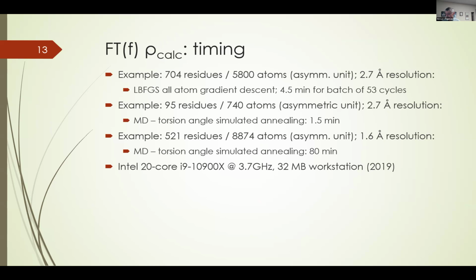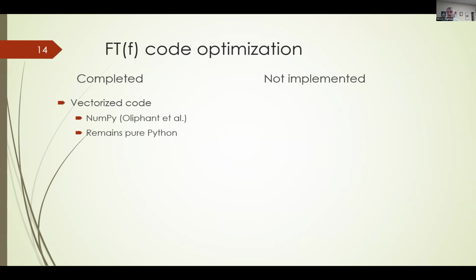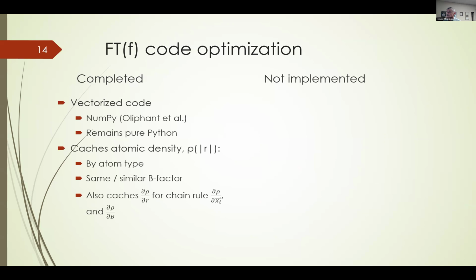It's much improved. And the improvement is due both to faster computer hardware, but it's also resulted from optimization of our code. And so what we've done are some of the easy things in that we've vectorized the algorithm the easy way by using NumPy array arithmetic so that our code remains in pure Python.